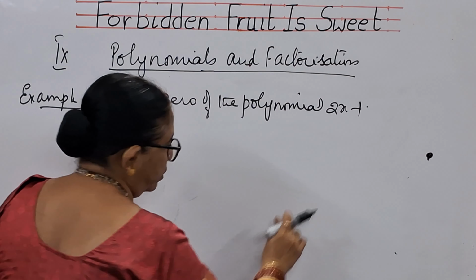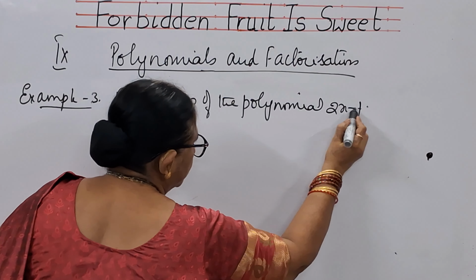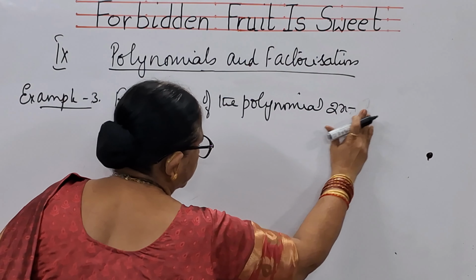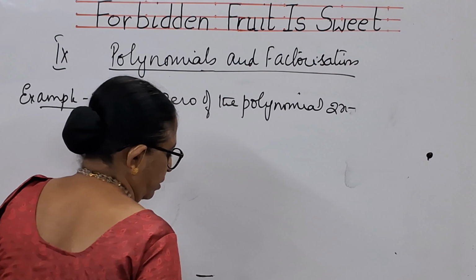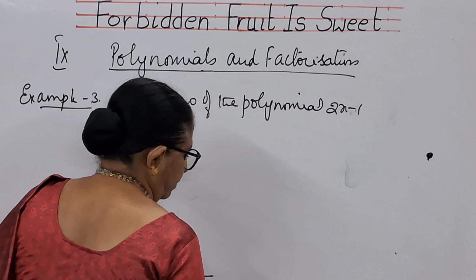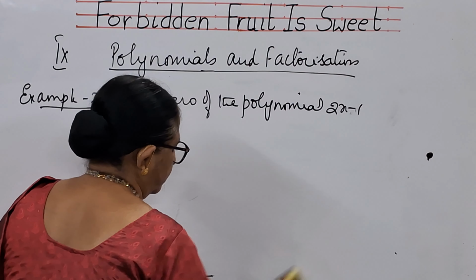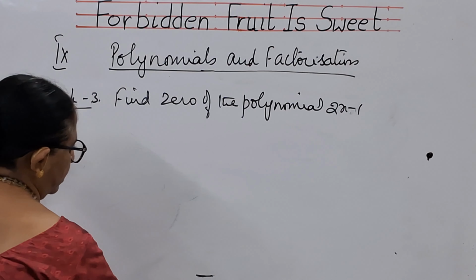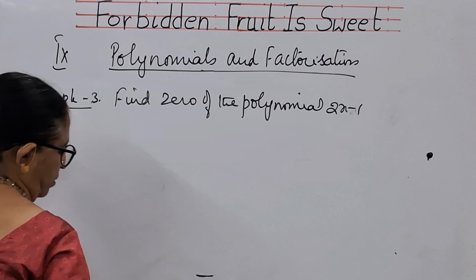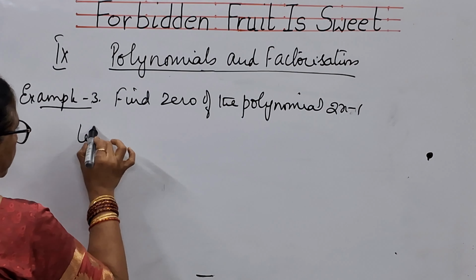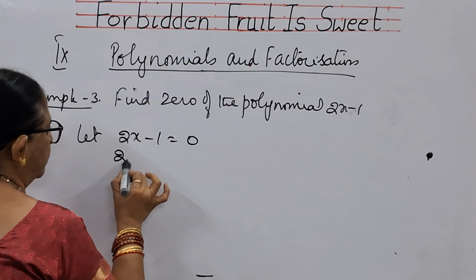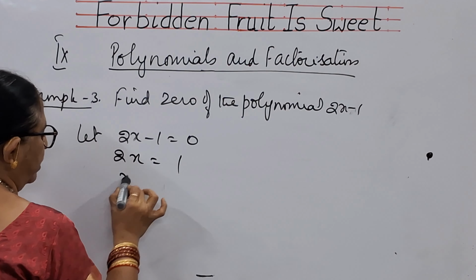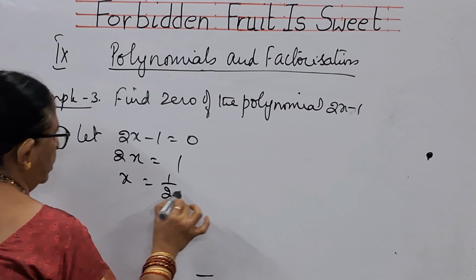So what we are going to do? We will be taking 2x minus 1 as 0. So when you take, let 2x minus 1 is equal to 0. What is 2x? 1. x is equal to 1 by 2.